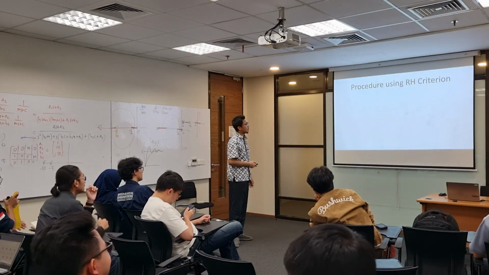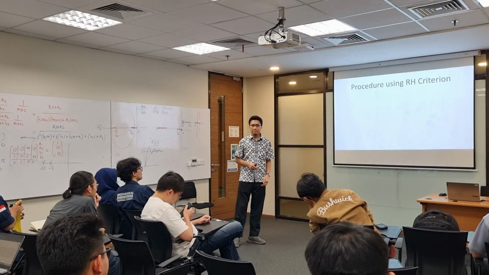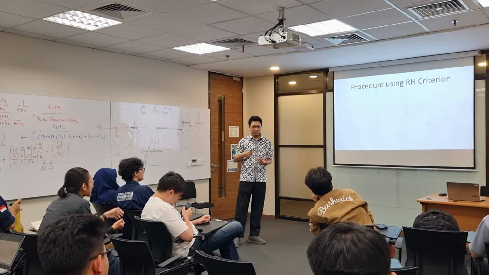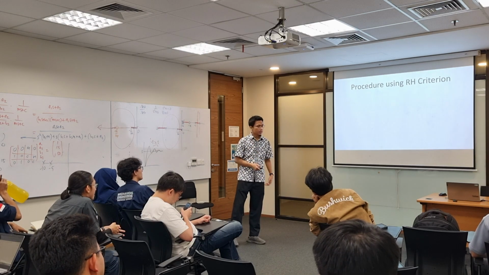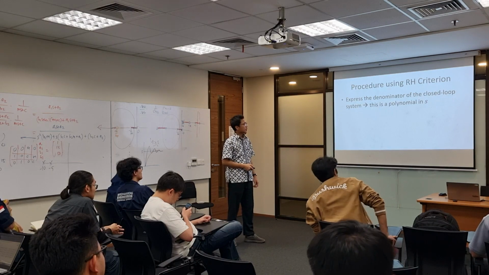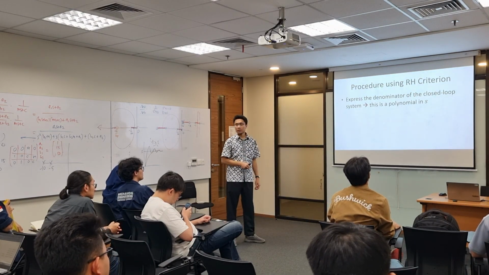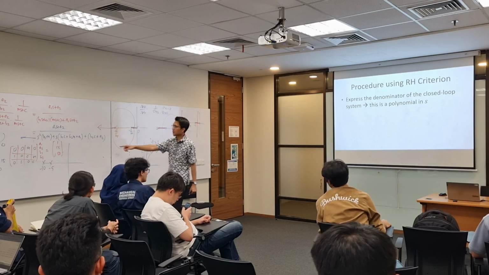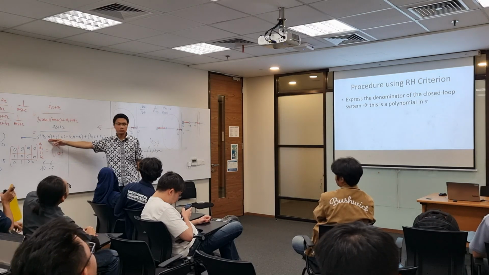Okay. Now we will learn about the Routh-Hurwitz criterion, which will make the procedure to find K more systematic. The first step is that you express the denominator of the closed loop transfer function like this.